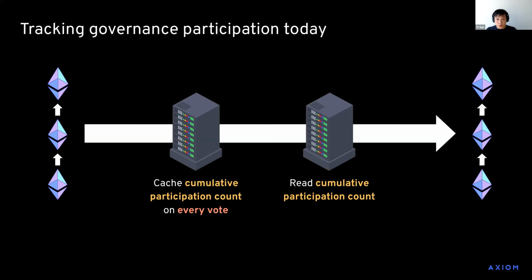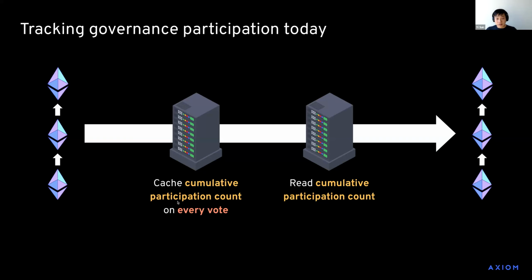Today, if you're only using Solidity, then to track a user's participation in governance, every single time a user votes, you have to track the cumulative number of times they participated in governance. Then later, if you want to reward users for the number of times they voted, you have to read that cumulative participation count from your local contract storage.